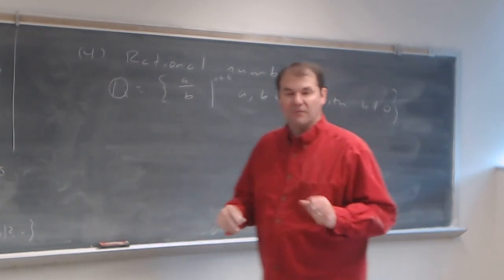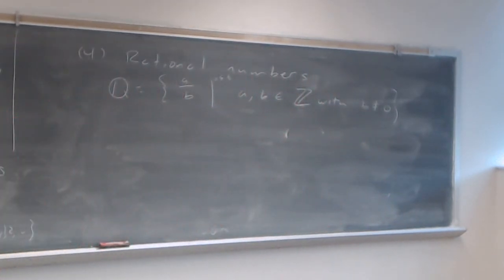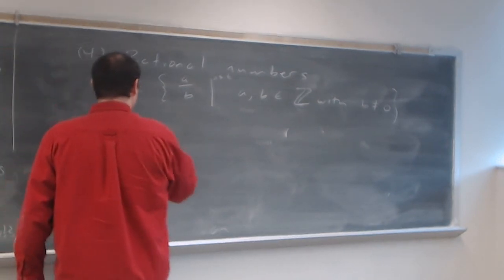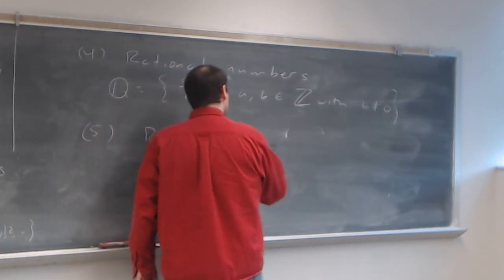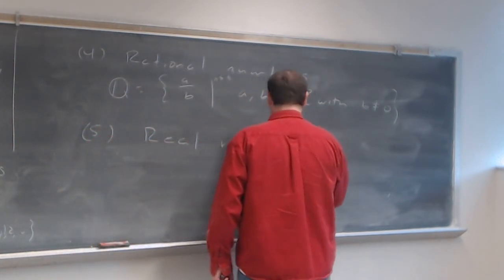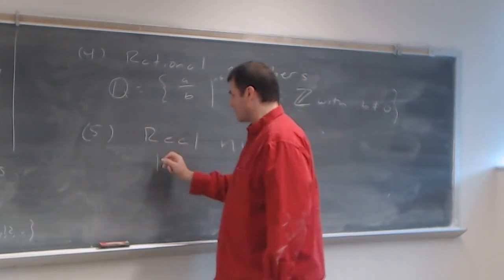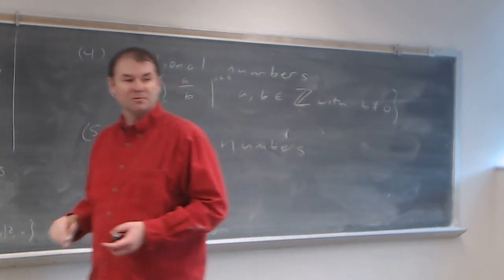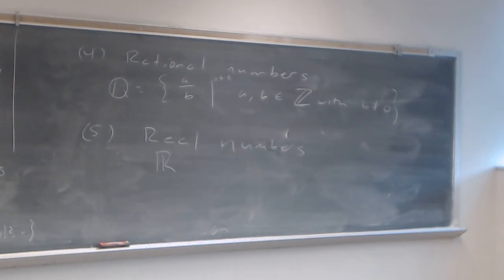And I think that's enough in terms of sets that we'll look at. But in terms of symbolism, we have one more: the real numbers. I'm not going to define them here, but the real numbers are symbolized by script R. That's just simple. Some people would define the real numbers as any number that has a decimal representation.